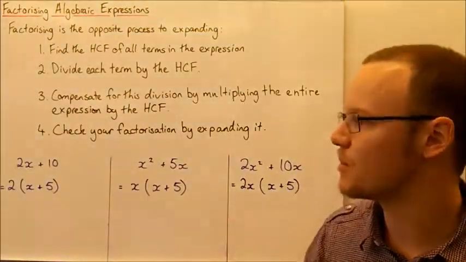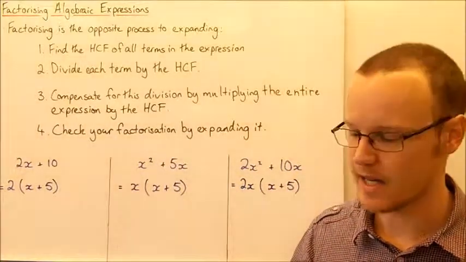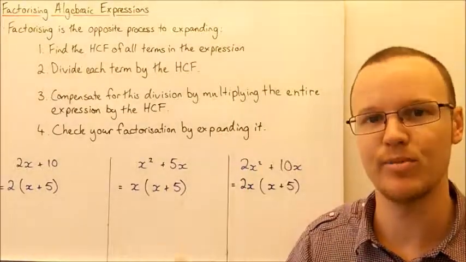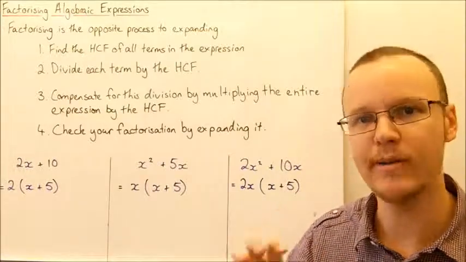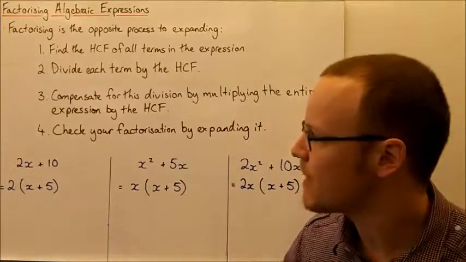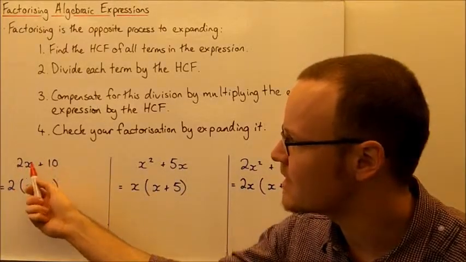So here are some examples. The highest common factor for an expression can be just a rational number, it can be a variable, or it could be a combination. It could even be an expression in itself that is the highest common factor for all of the terms. So here, if we have 2x plus 10, the highest common factor of 2x and 10 is just 2.